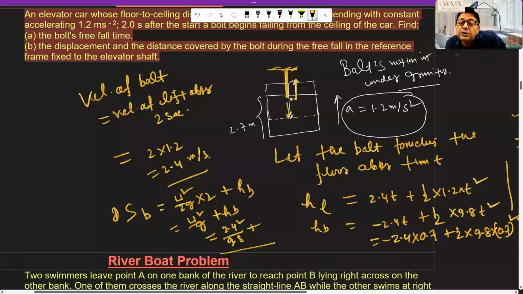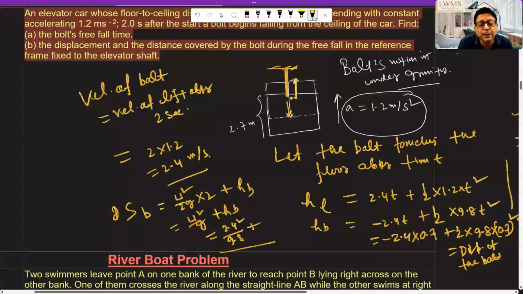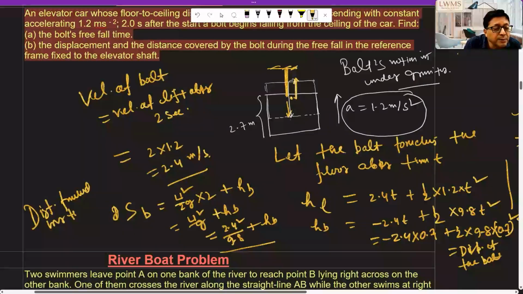Hope you have understood. So this part is the displacement of the bolt, and this part plus HB is the distance traveled by the bolt. Clear? You understand?